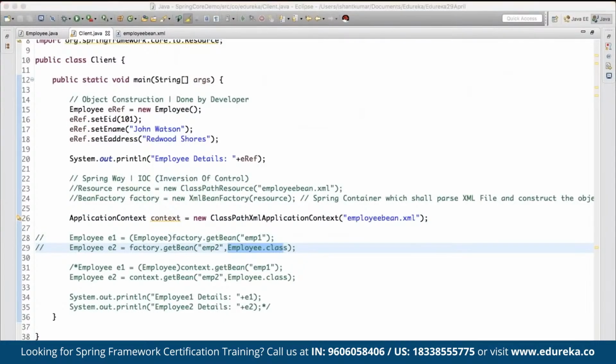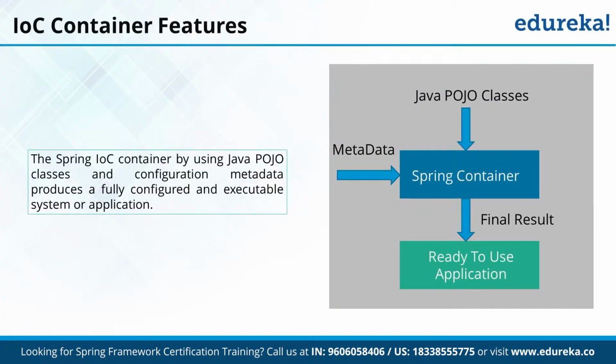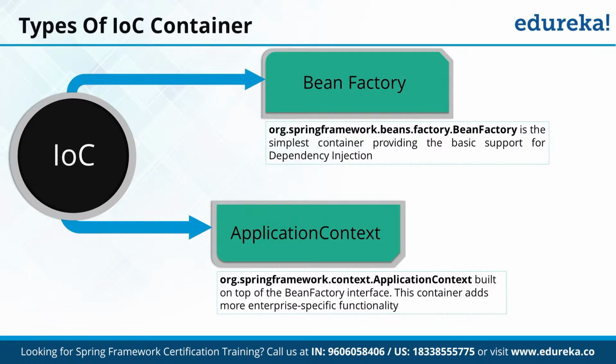So the information is given to the Spring container, and the final result will be that you will be having the object which you can use in your application, right? So let's see once again. So we got two types of IOC containers. One is the Bean Factory, other one is the application context. Bean Factory will construct the object when you request for them, whereas application context will construct the object even if you will not request for them, right?